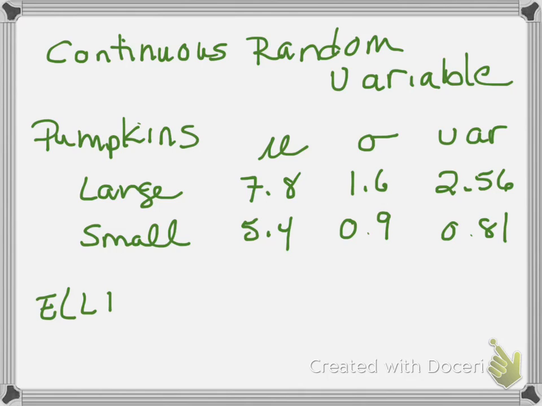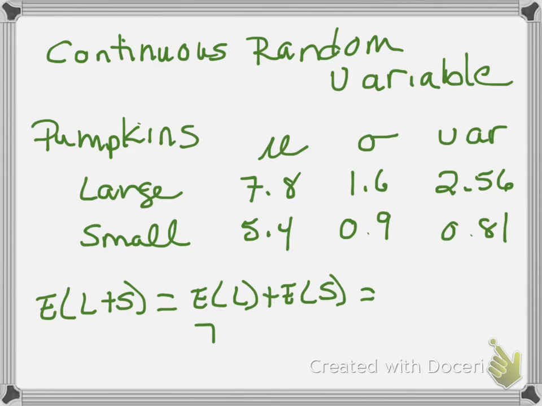So the expected value of a large plus a small is the expected value of a large plus the expected value of a small, which is 7.8 plus 5.4. So 7.8 plus 5.4 gives me 13.2. And remember, we need to have units. So let's just say it's pounds, okay?